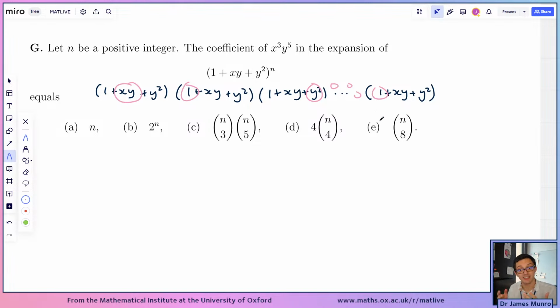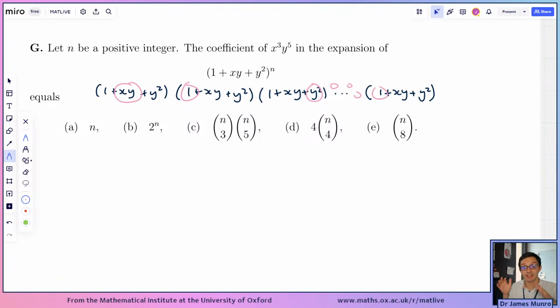You would work systematically through every possible way to multiply out terms from these brackets. If it was me, I would start with 1 times, and then worry about everything else. Then I would start, deep breath, and do xy times and then write down everything else multiplied out. And then y squared times everything else multiplied out. It works systematically, working through every combination of choices of what to pick from the brackets.